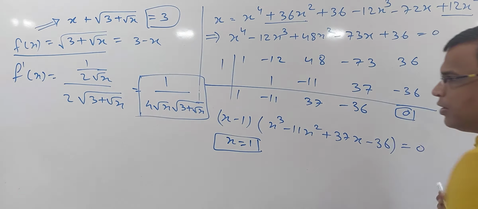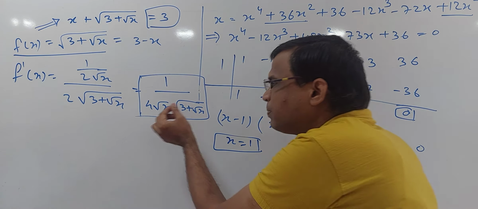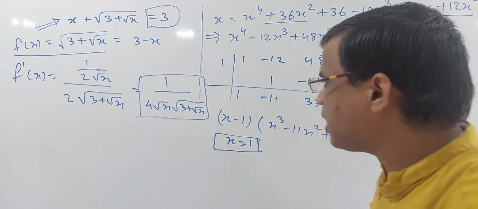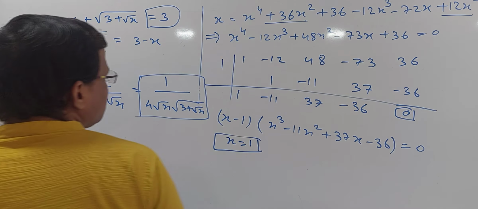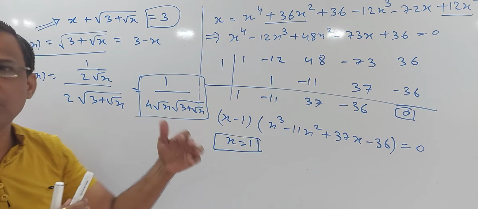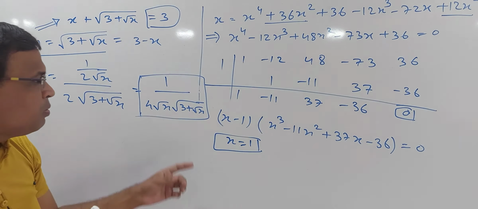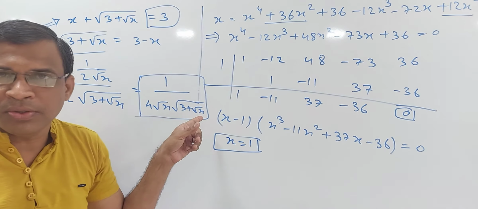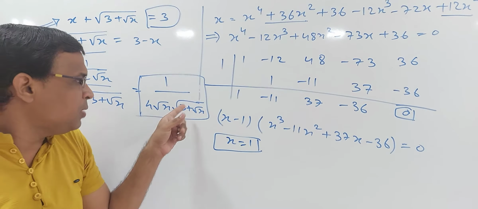Now just see, put down the different cases of x and we will see what happens. Suppose I take x greater than 0, x positive, so obviously root x will be positive. Root x is positive and 3 plus positive will again give positive. So my complete denominator is positive.